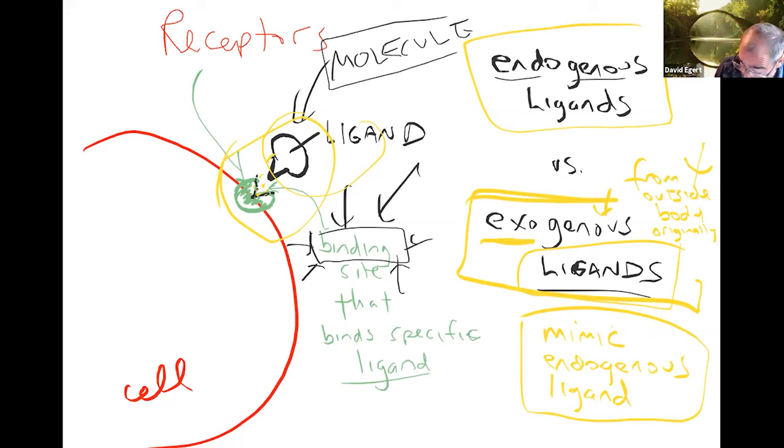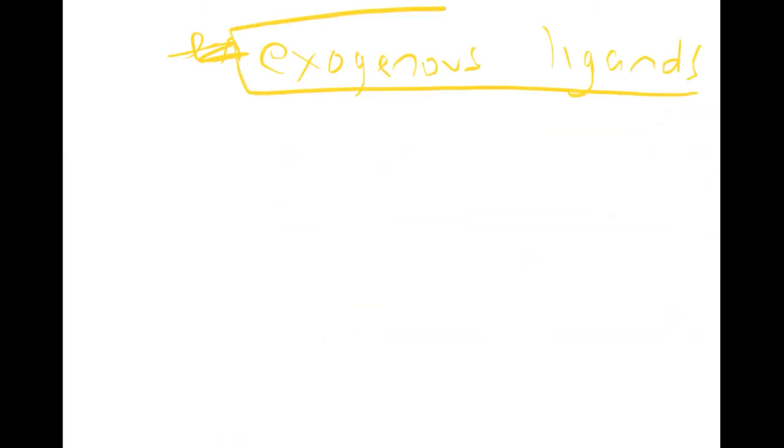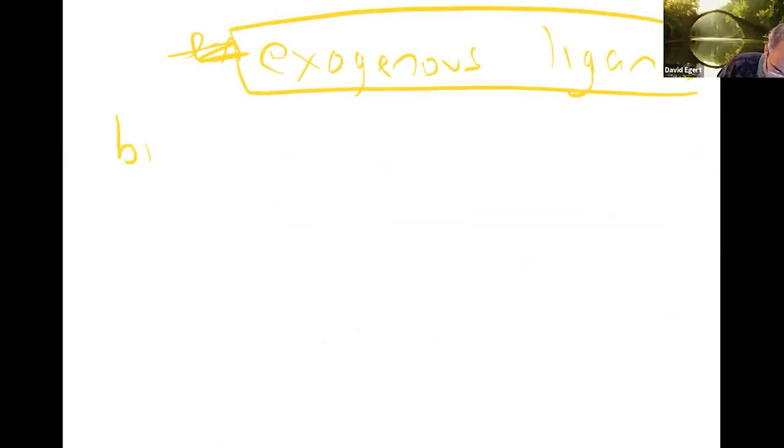The thing that's interesting though is endogenous ligands, they bind, but sometimes they bind and they actually activate. So let's talk about exogenous ligands. If they bind and activate the receptor, we call that an agonist.